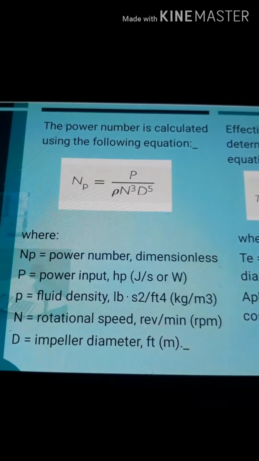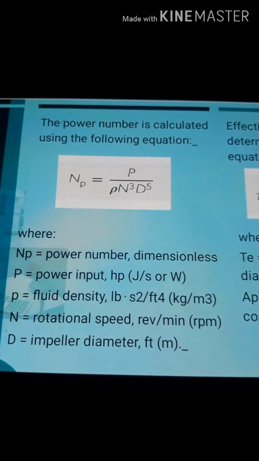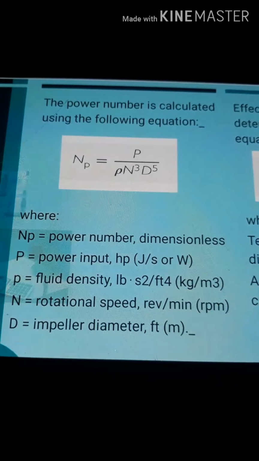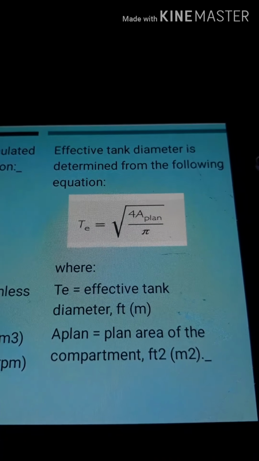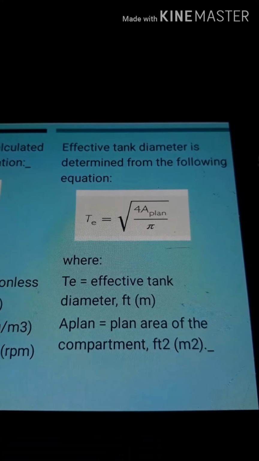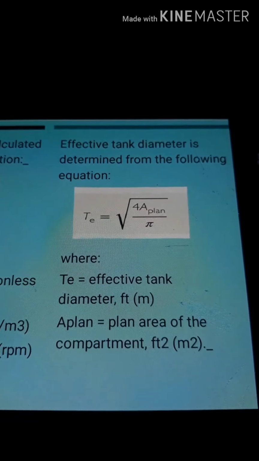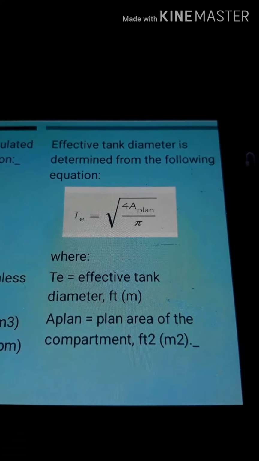Power number, which is dimensionless, is equal to the power input over fluid density times rotational speed raised to 3 times impeller diameter raised to 5. The effective tank diameter is determined from the following equation. Effective tank diameter is equal to the square root of 4 times the plan area of the compartment over pi.